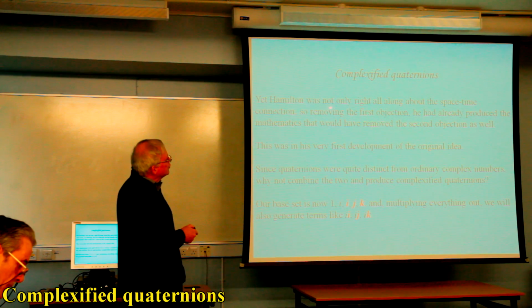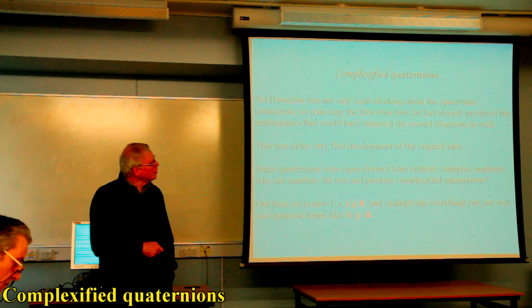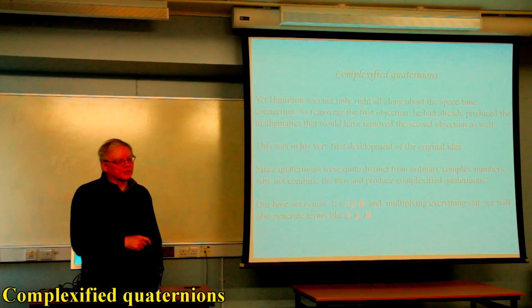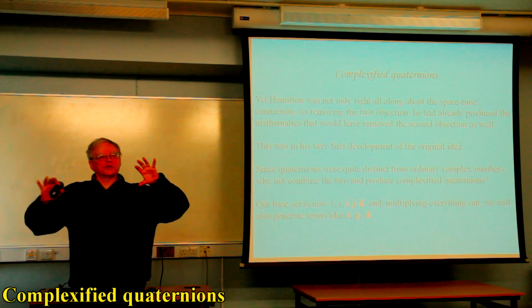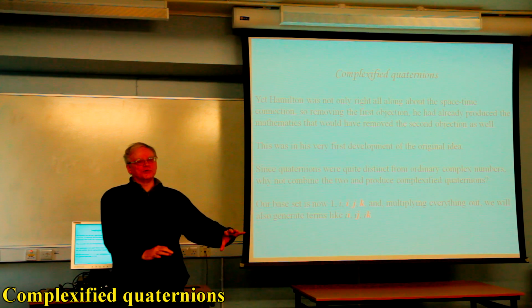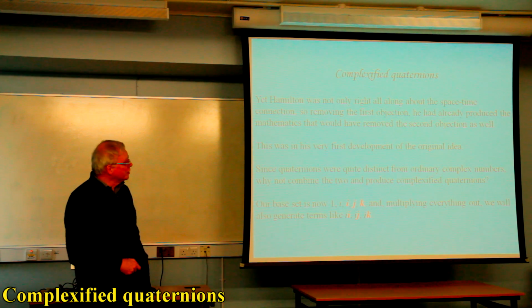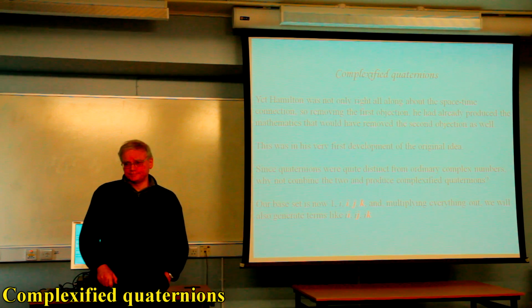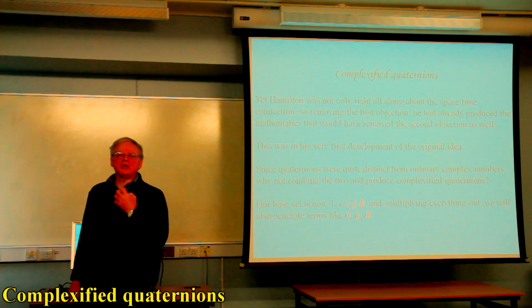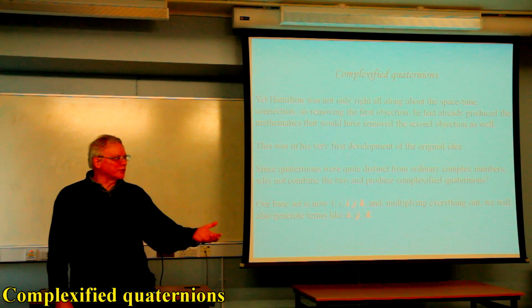And yet, Hamilton was not only right about space-time, he also produced a mathematics that would have removed the second objection, and the other objection was that the quaternions gave negative results when you squared them instead of positive results, like you wanted. Because he actually developed the mathematics that would overcome that. And this was almost immediately after he discovered quaternions that he realised you could do something else with them.